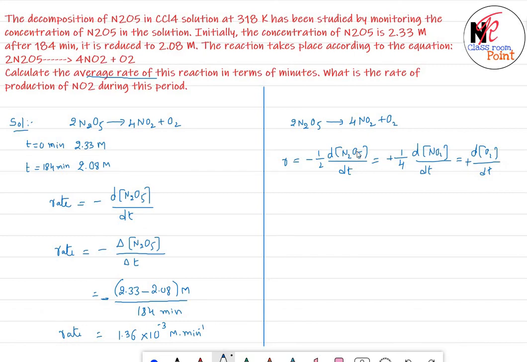But here they are asking only about NO2, and we know the rate of the reaction with respect to N2O5, so we can neglect the oxygen. Now let us relate these two terms.